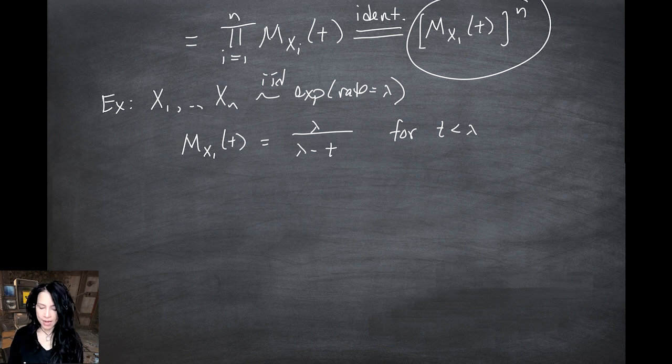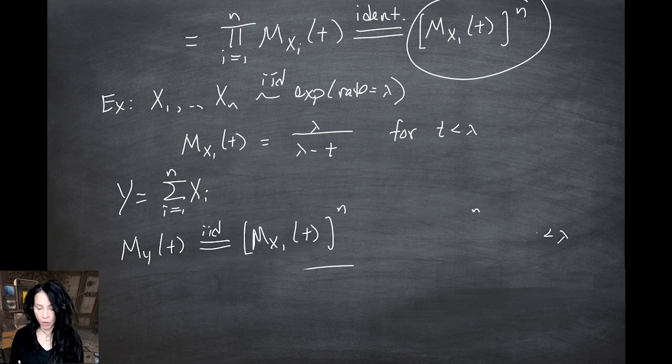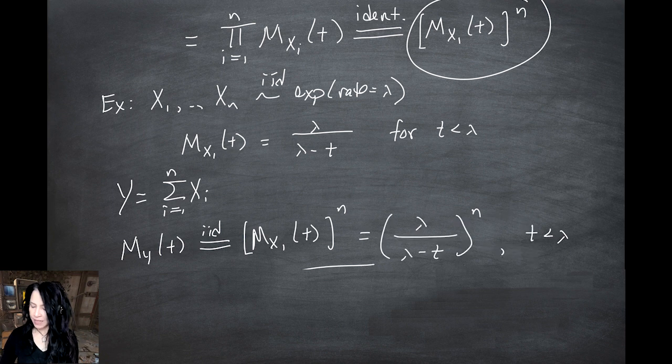So if we let y be the sum as i goes from 1 to n of these IID random variables, then we just showed that the moment generating function for y in this IID case is the moment generating function for one of them to the nth power. So just a few minutes ago, we found the moment generating function for an exponential. It's right above us. It's lambda over lambda minus t, and this is raised to the nth power. And this holds for t less than lambda.